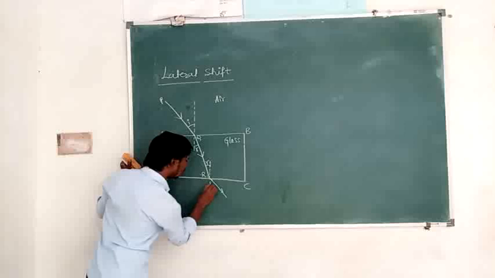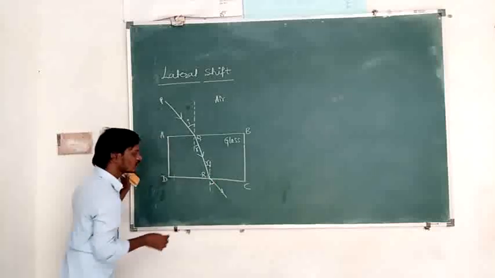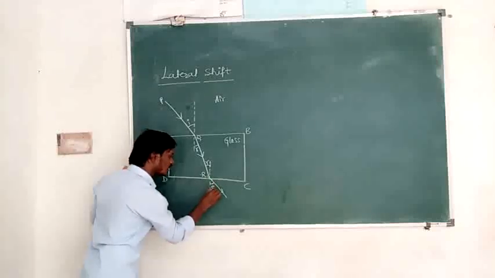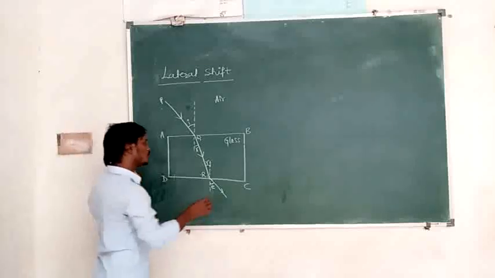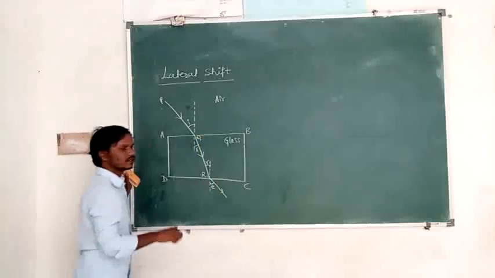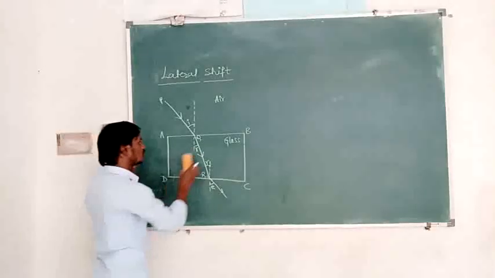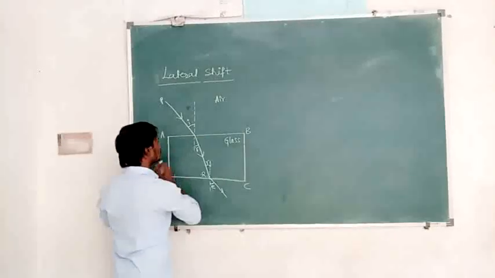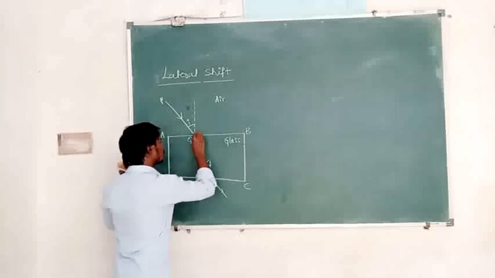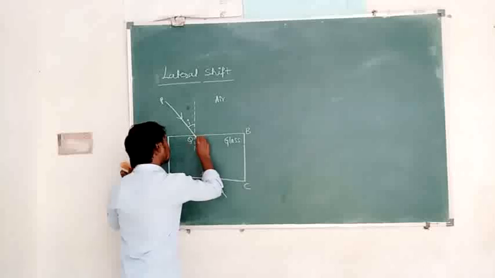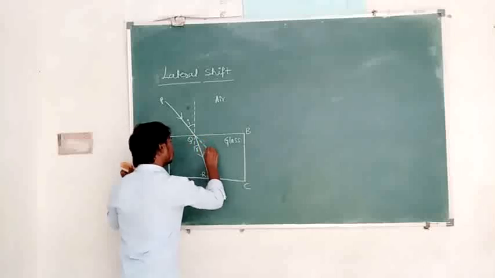Then the angle between this emergent ray and the normal is called the angle of emergence. Suppose there is no glass slab. The incident ray would pass straight without any deviation.